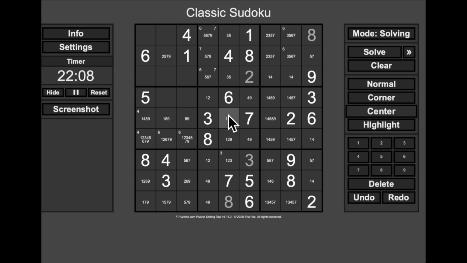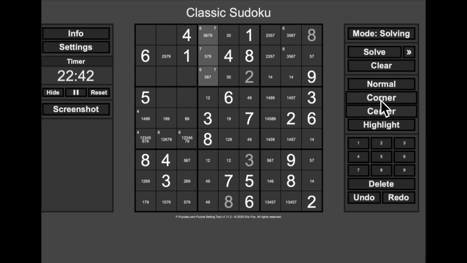So this is 1, 8, or 9, but that's already ruled out, so that can't be 8 either. This is now 1, 2, 3, 5, 9. Okay, this can't be a 3, so this is 1 or 2. Okay, this is 3 or 5, this is 3 or 5.